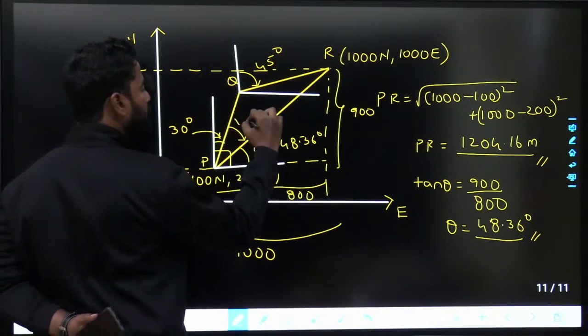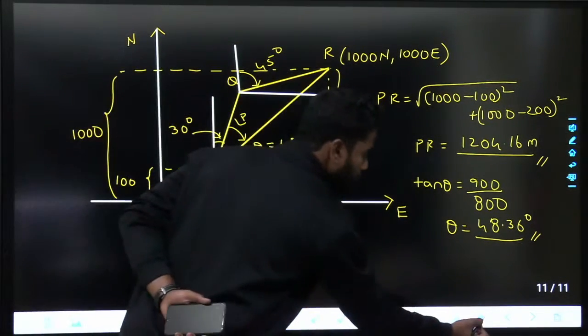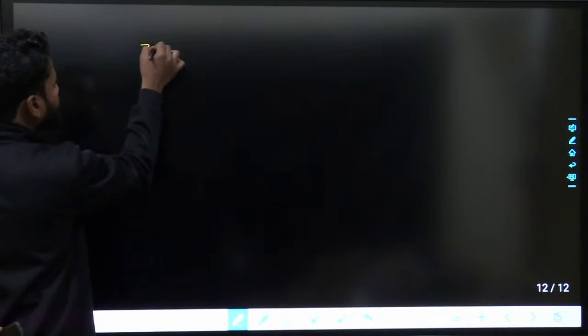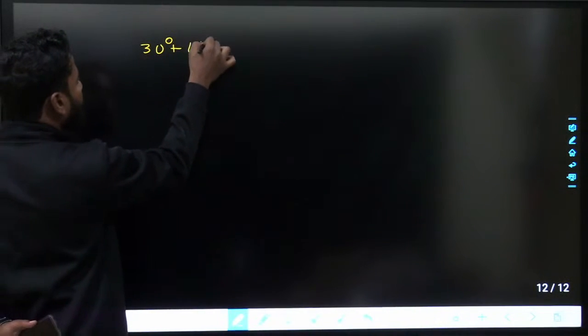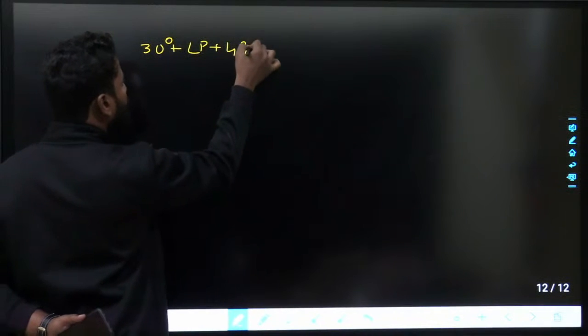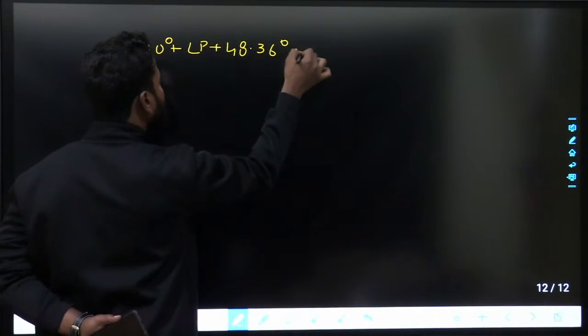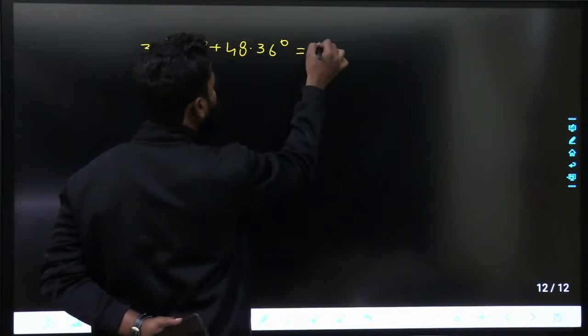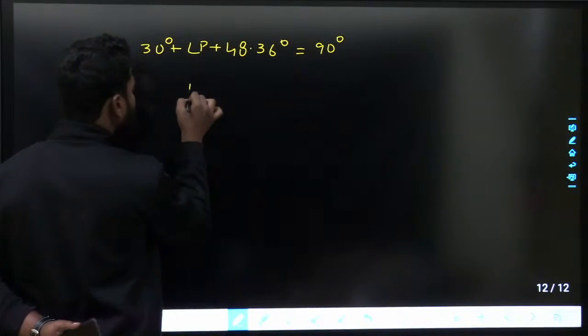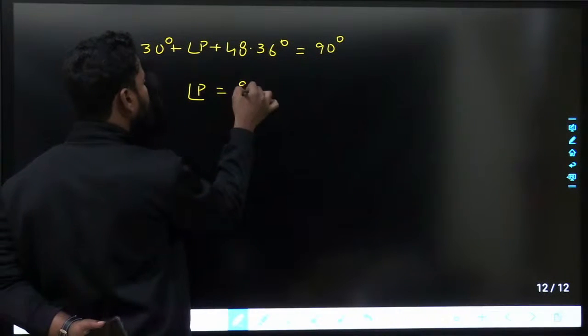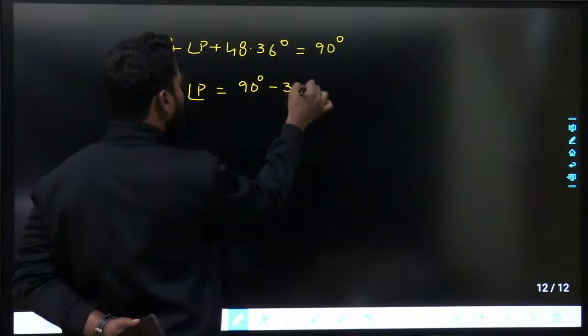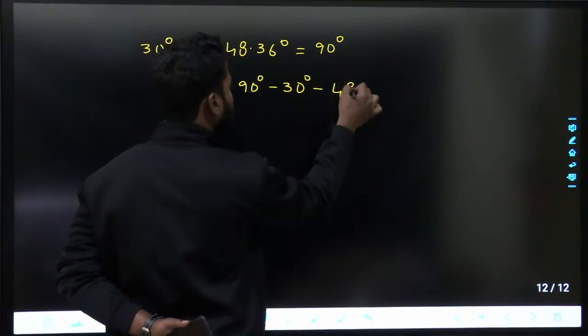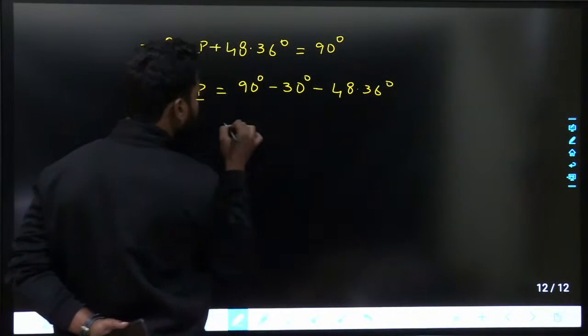I'll call this some angle P. So 30 degrees plus angle P plus 48.36 degrees equals 90 degrees. What is angle P? That is equal to 90 degrees minus 30 degrees minus 48.36 degrees. What is the value?